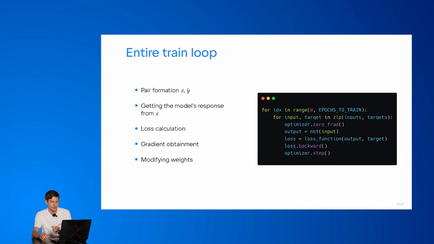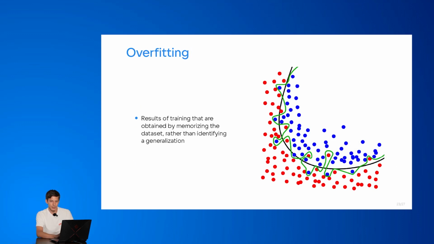As I have already said, models can learn specific patterns of your dataset, rather than patterns that are helpful for generalization. This problem is called overfitting. Here you can see two lines. The green line is an approximation of our model.